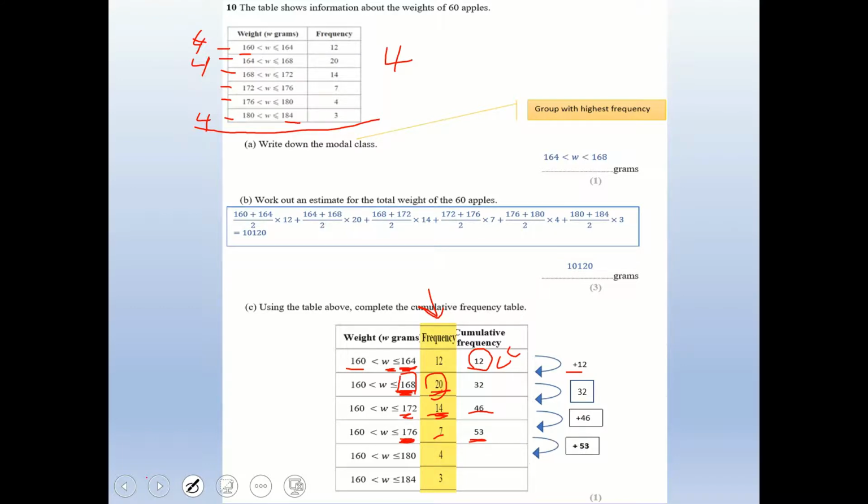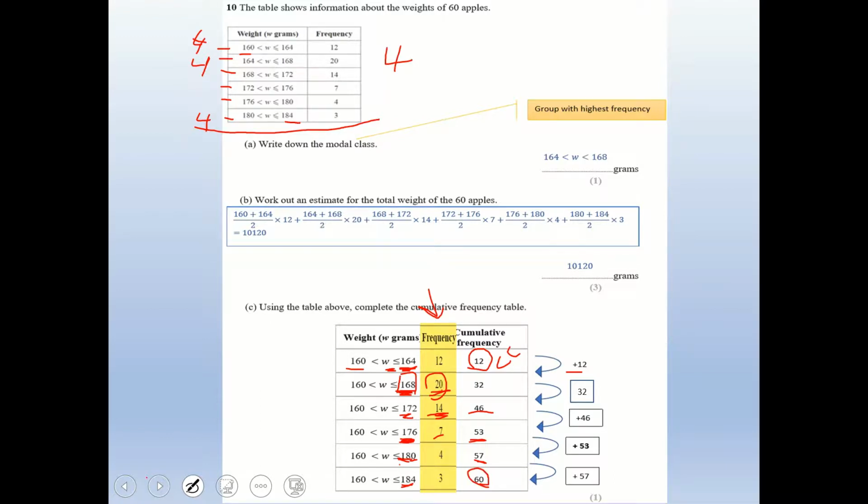Next, the cumulative total of the apples with weight less than or equal to 180 grams is 53 plus 4, which comes to 57 apples. Finally, how many apples are equal to or less than 184 grams? It will be 57 plus 3, which comes to 60 apples.